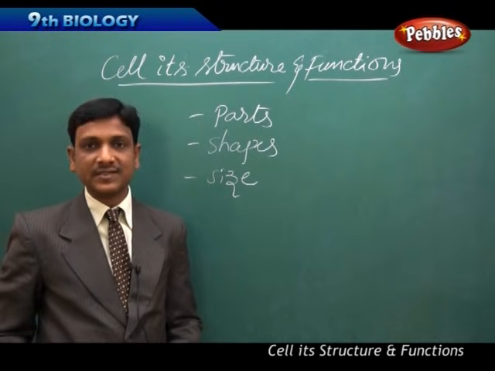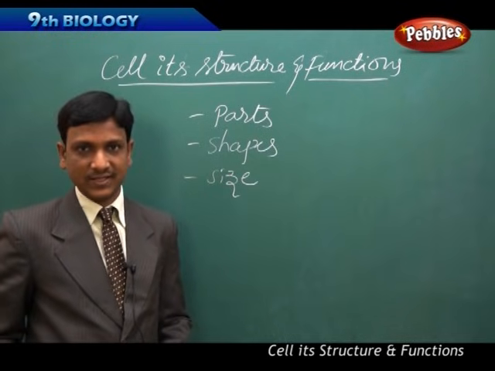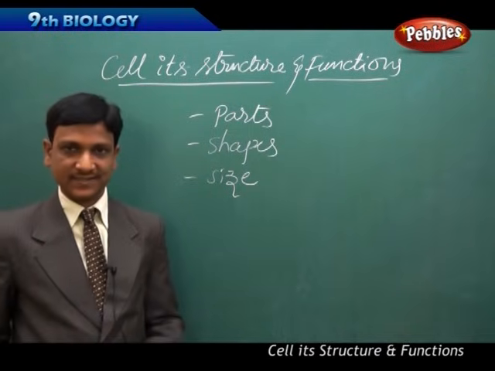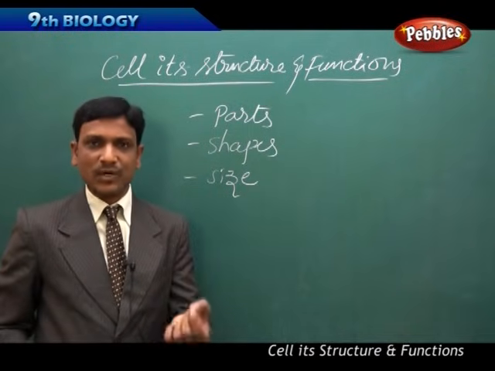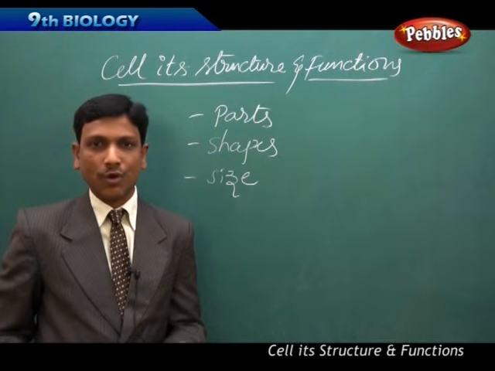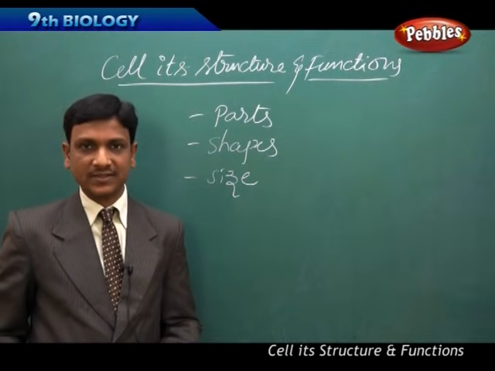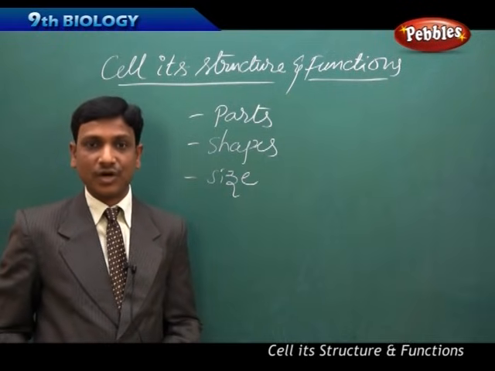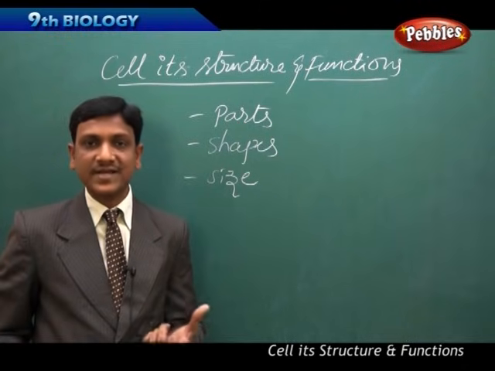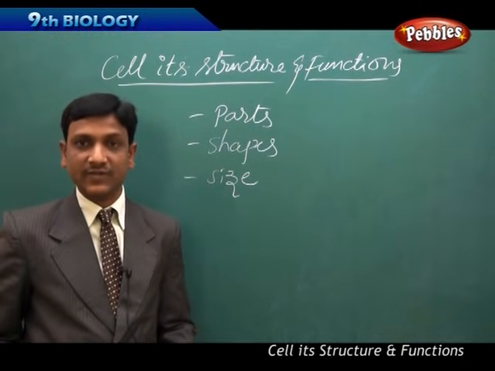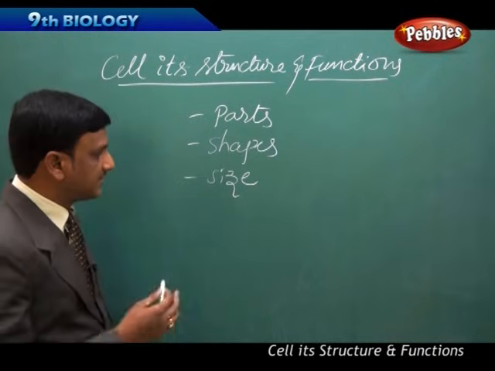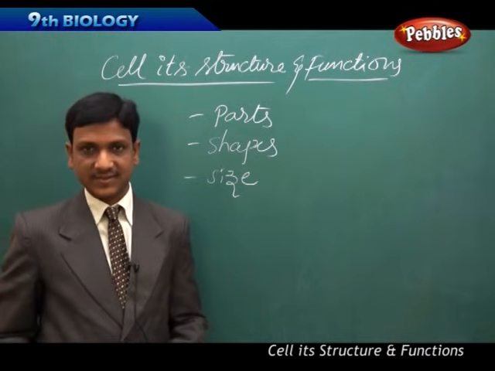But there are some cells which can be seen with the naked eye. So you learnt about the different sizes. We know that the smallest cell measures in microns, micrometers, whereas the biggest cell, the ostrich egg, is the known biggest cell that we can see with our naked eye. So cells exist in different sizes.